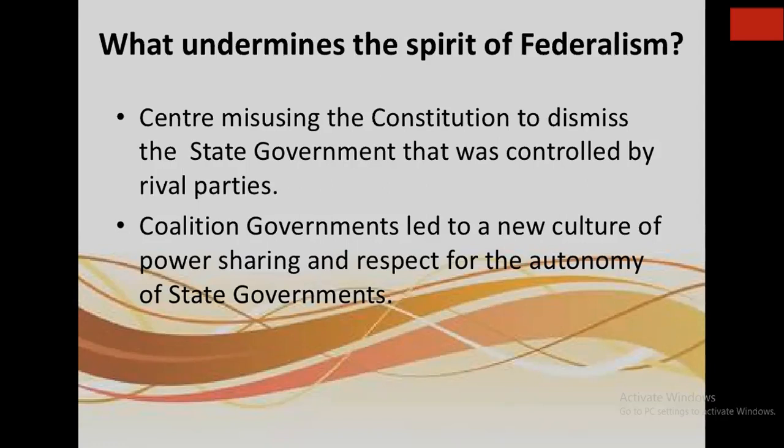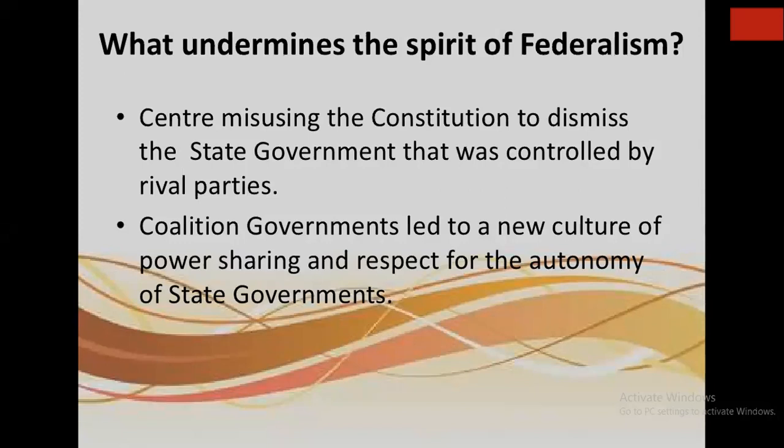And coalition government leads to a new culture of power sharing and respect for the autonomy of state governments. Now here they are talking about coalition government, and what is the meaning of coalition government? This thing we have seen in 9th standard also. A coalition government is a form of government in which the political parties cooperate, reducing the dominance of any one party within that coalition.